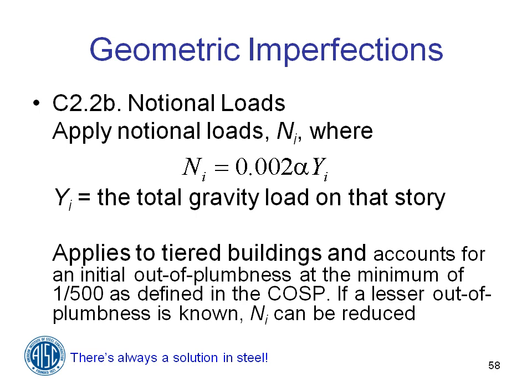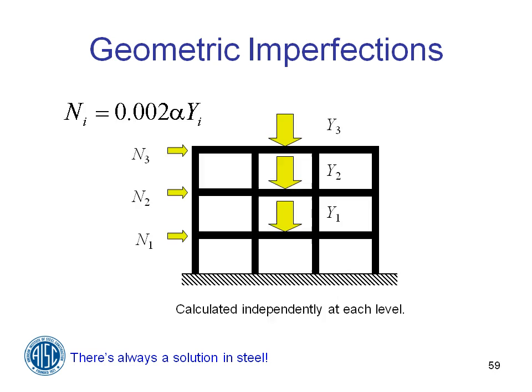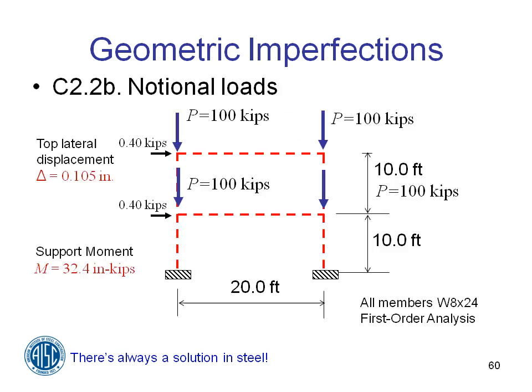Now the notional load is 0.002 alpha times Y sub i, where Y sub i is simply the gravity load at each level, not added up, but at each level. So the load that comes in at this level up here times 0.002 alpha is applied over here, and so on. For my little structure, if we're doing it in LRFD, alpha is 1, and so my notional load is 0.002 times the sum of 100 plus 100.